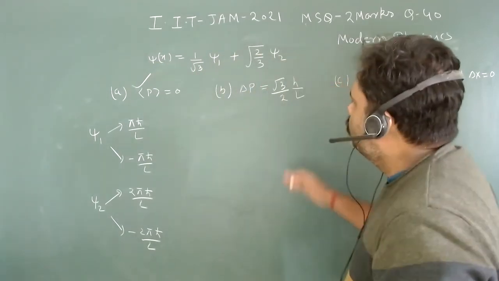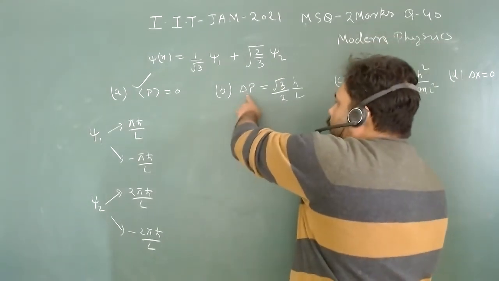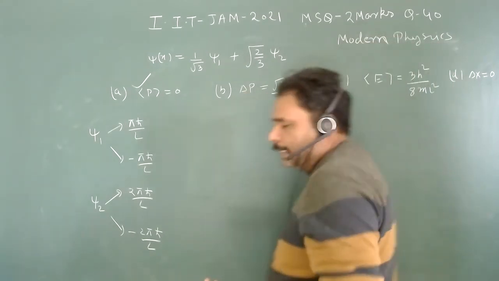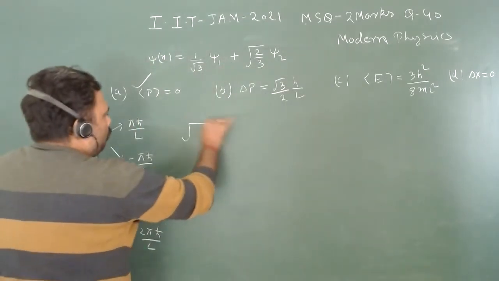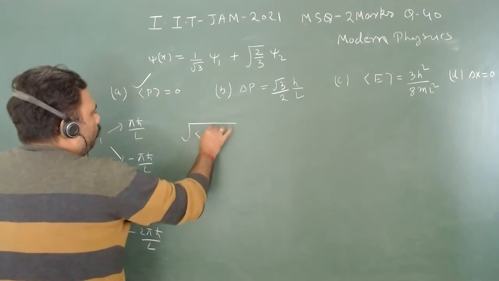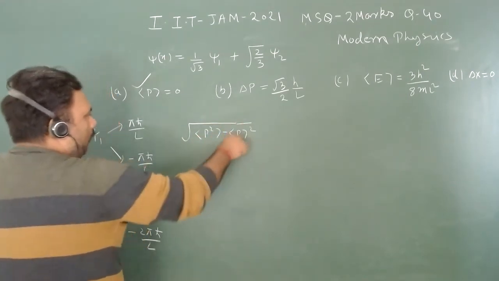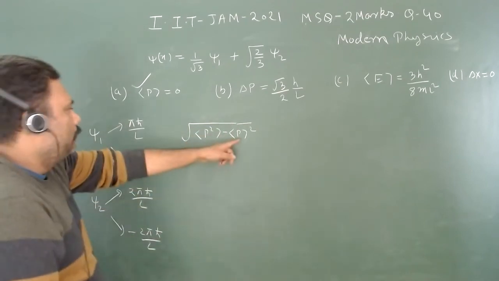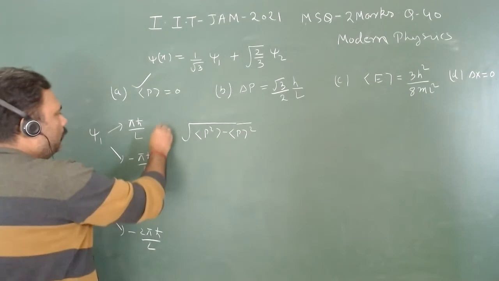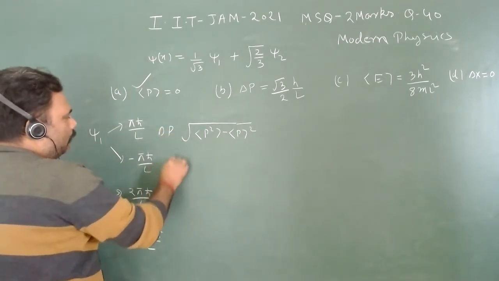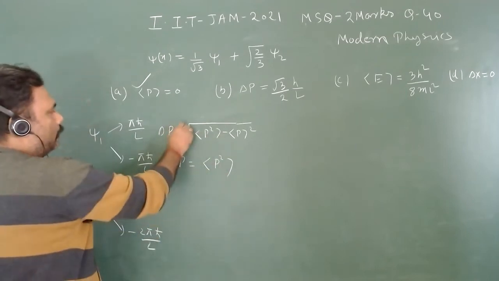Now we have to calculate delta P, which means the average value of P square minus the average value of P whole square. Since the average value of P is 0, delta P is root under the average value of P square.